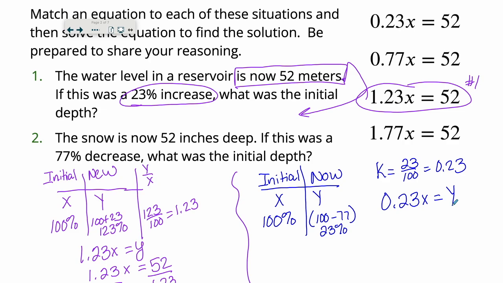Our equation then is 0.23x equals y. It's now 52 inches deep. That is my y value.